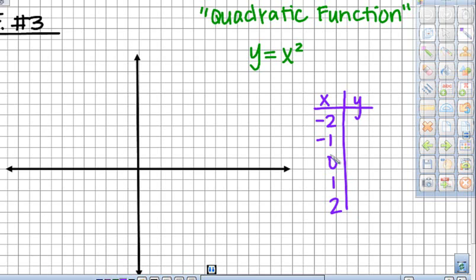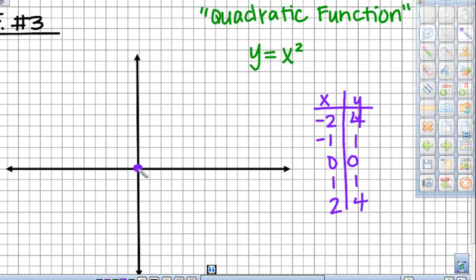Everybody knows, or should know, that we go through the origin, because 0 squared is 0. That's going to be the vertex of our quadratic, and this, remember, is a parabola. Any number squared is going to come out to be positive. So -2 squared is just +4. -1 squared, +1. 1 squared, +1. 2 squared, +4.